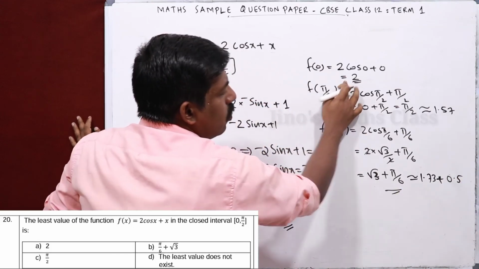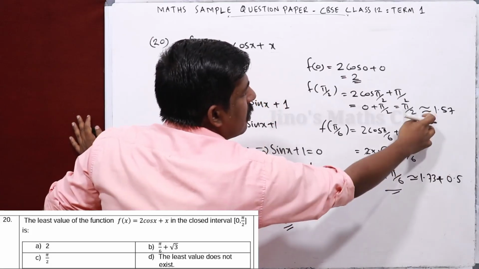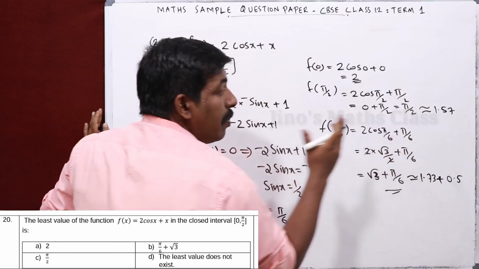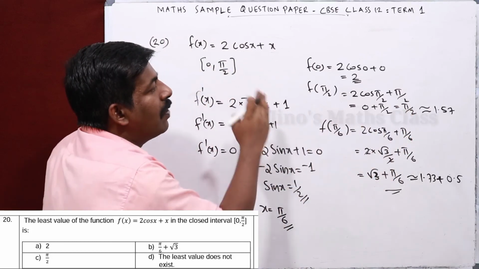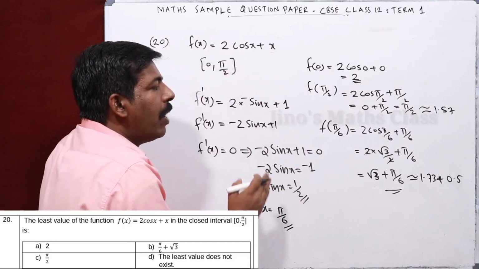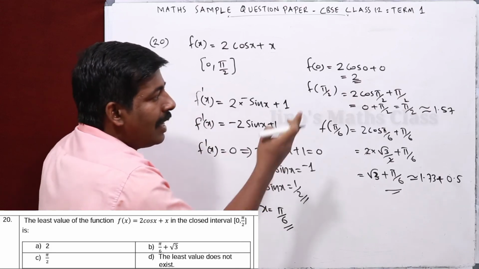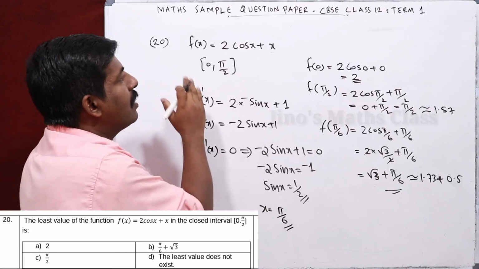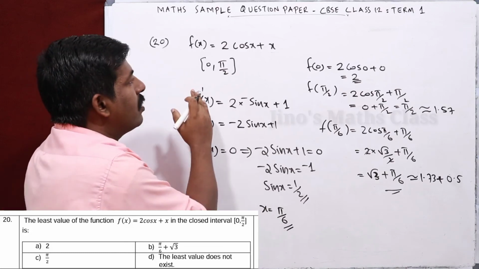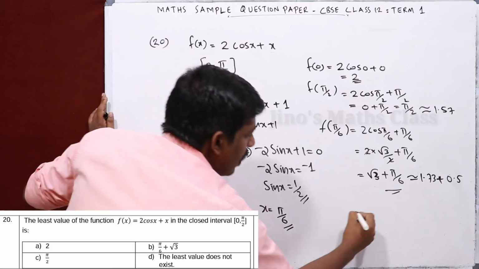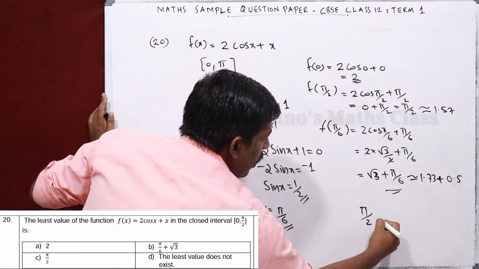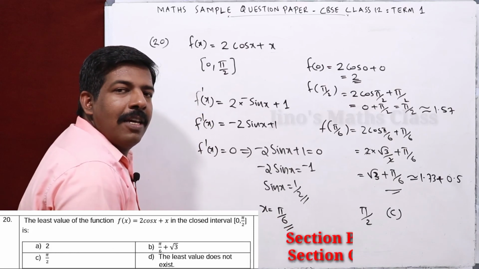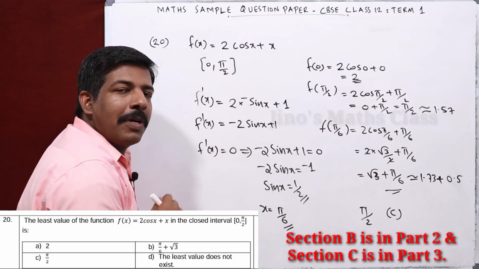So here it is 2, here it is more than 2, and here it is approximately 1.57. That means 1.57 is the least value among f of 0, f of pi by 2 and f of pi by 6. That means pi by 2 is the minimum value of this function in closed interval 0 to pi by 2. So we can write the least value is pi by 2, therefore it is option C. And you can see option D, they gave the option only to confuse us.